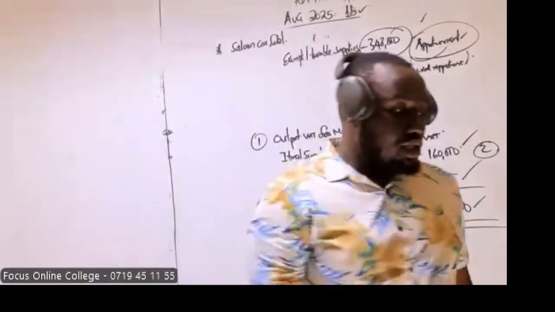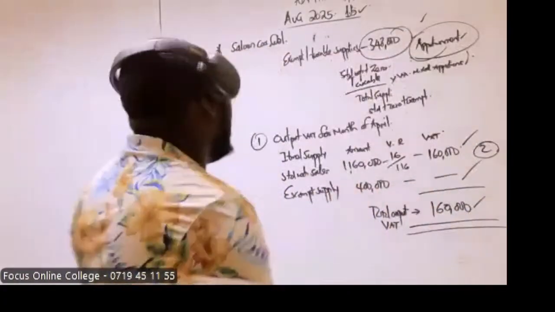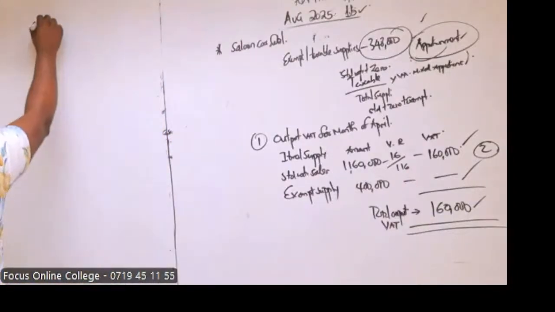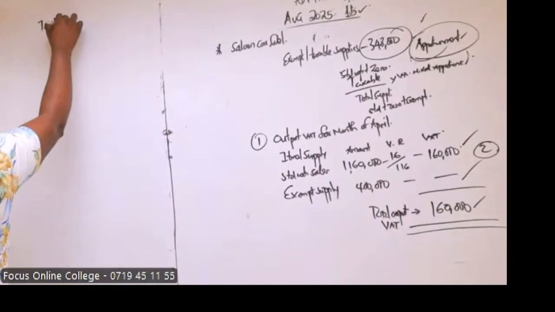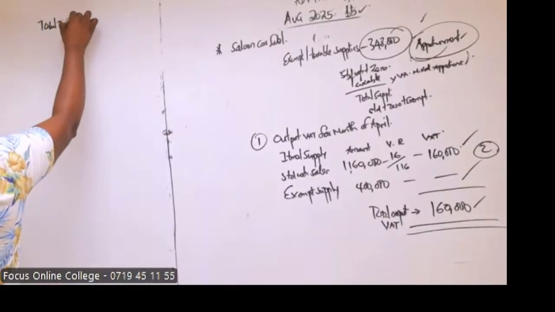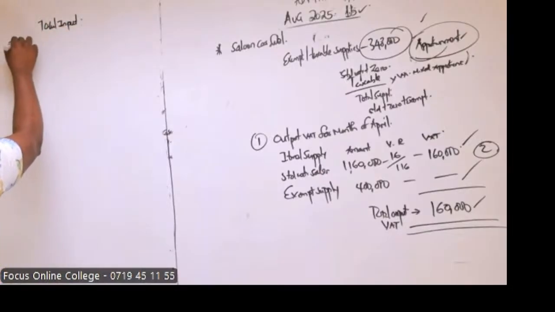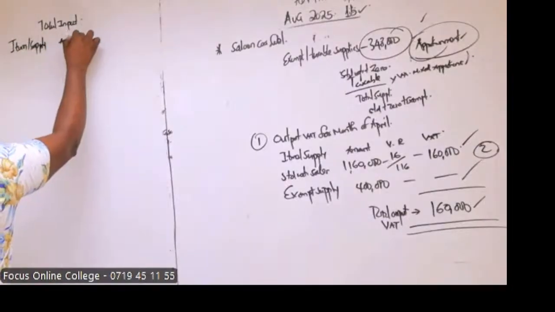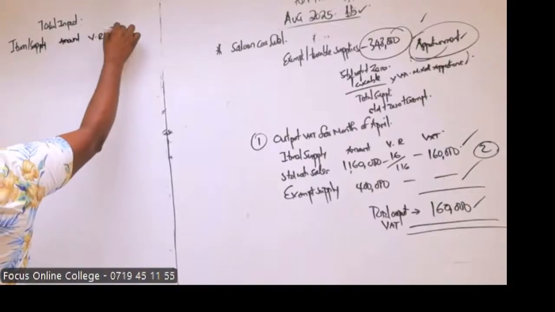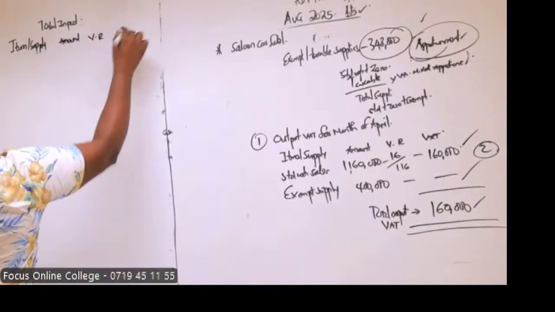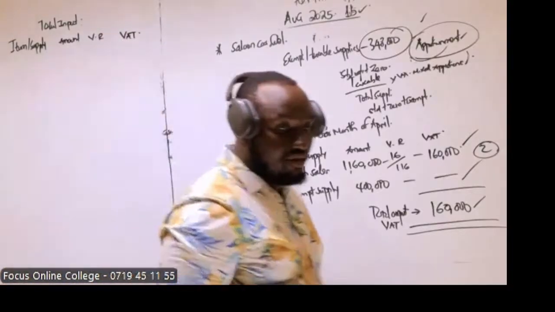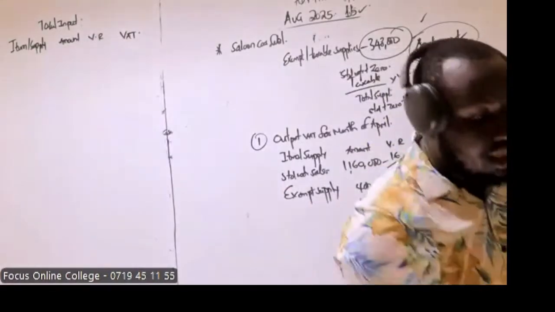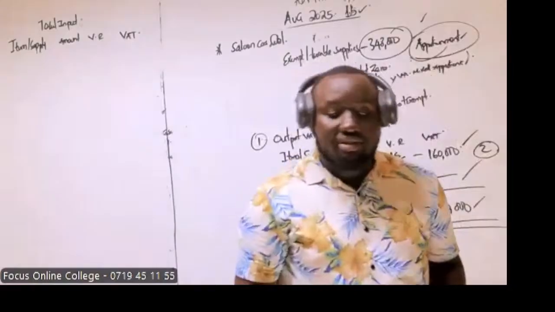So we get the total input and the amounts that are restricted. We have items, supplies, the amount, the VAT rate, and then the VAT.